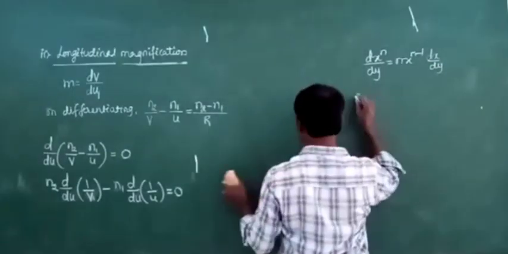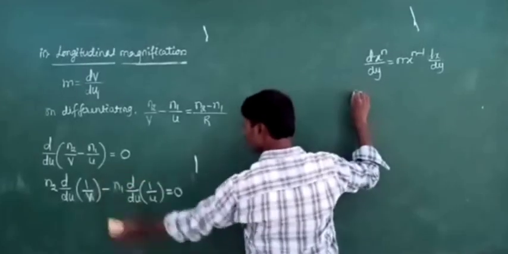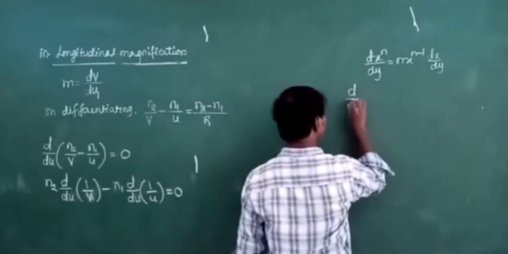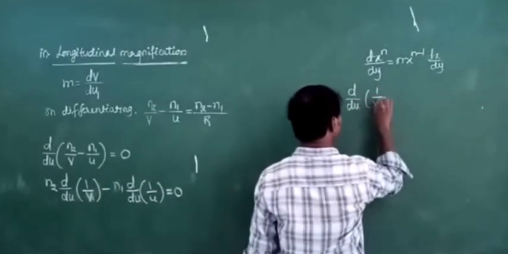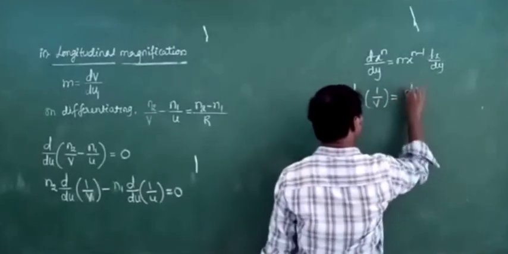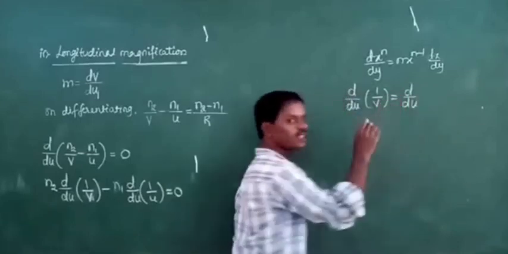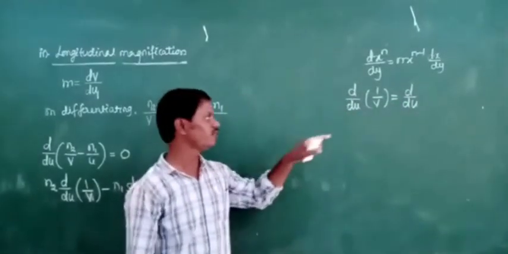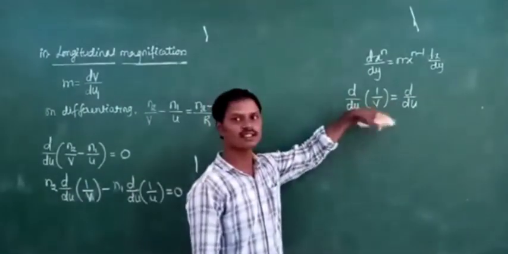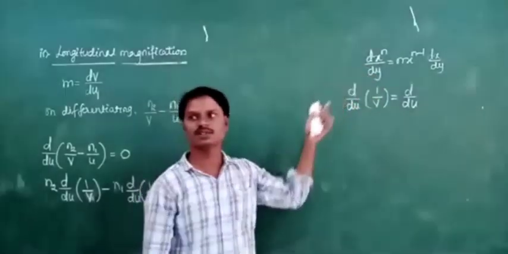Using this equation, I write d by du of 1 by v. So differentiation of 1 by v with respect to u: v goes to the numerator, v raised to plus 1 comes to the numerator, then it is v raised to minus 1.